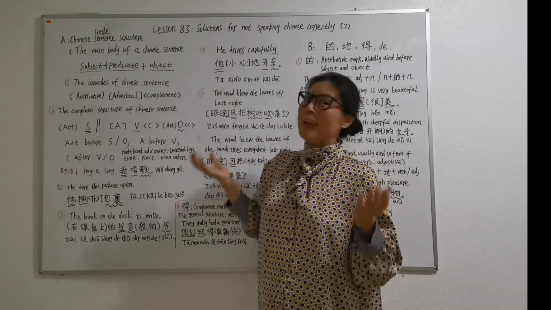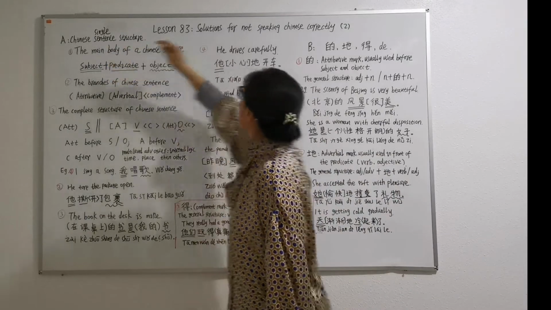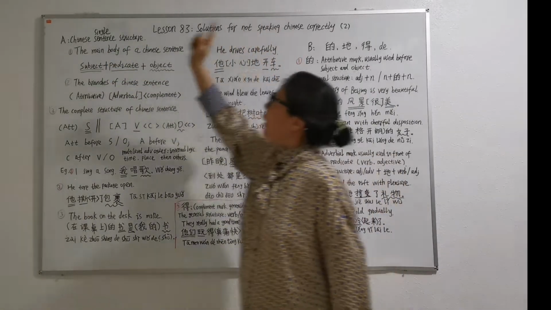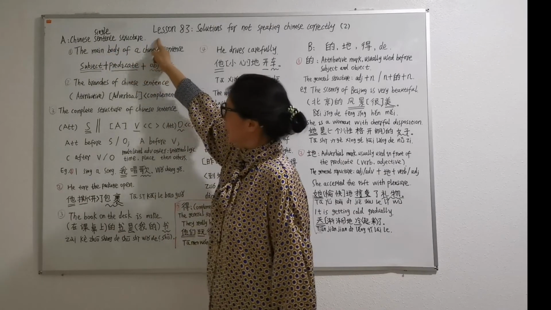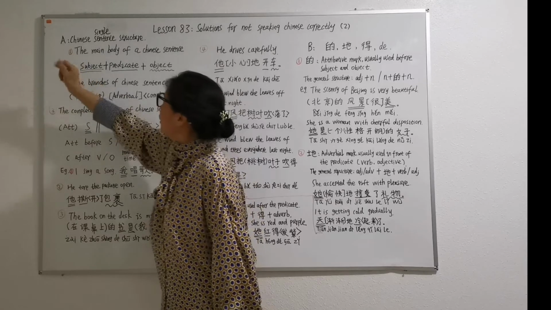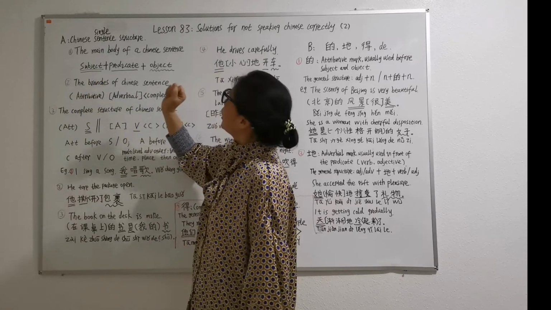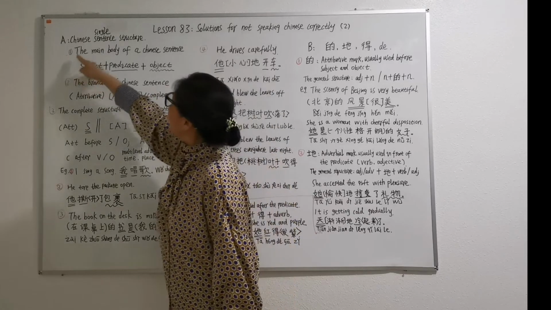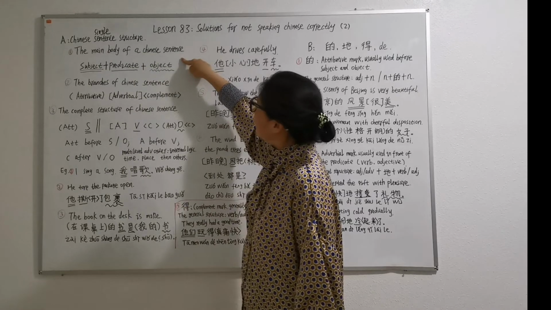Okay, let's begin. Look, we have 2 parts, A and B. A is Chinese single sentence structure. In this part, we have 3 structures. What are they? First, the main body of a Chinese sentence.